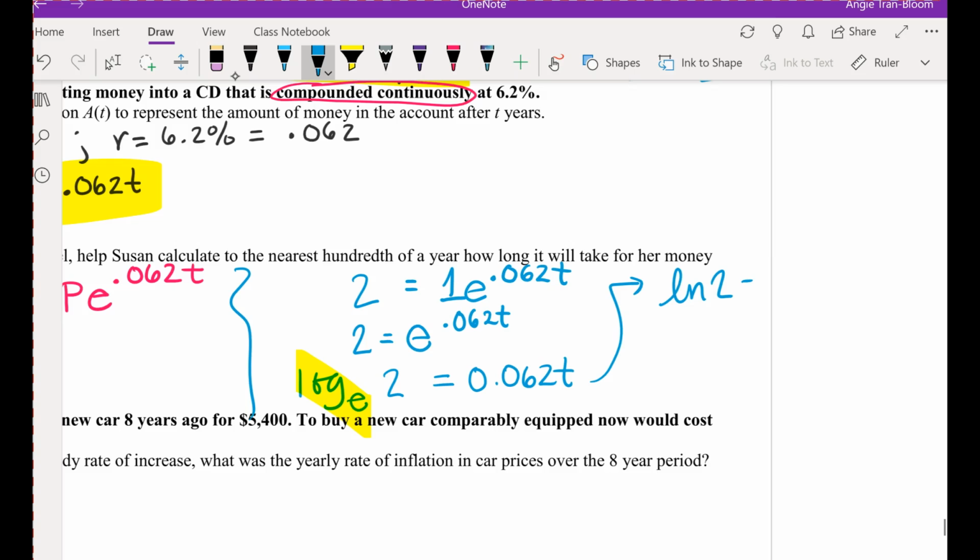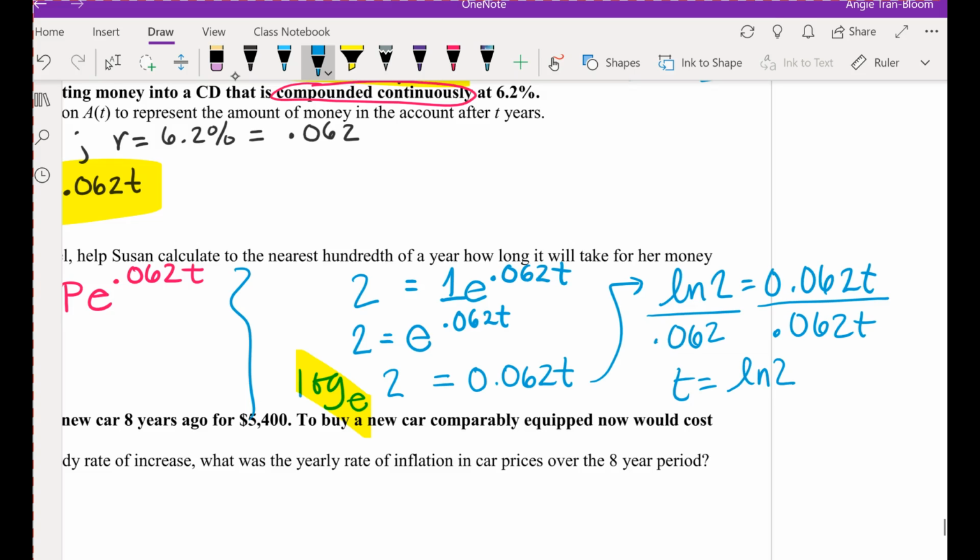Natural log of 2 equals 0.062 T. Some of you can start out writing natural log of 2 right away. That's totally okay. Then from here, to solve for T, what are you going to do, Danny? Divide both sides by 0.062. Good. So T equals natural log of 2 divided by 0.062.